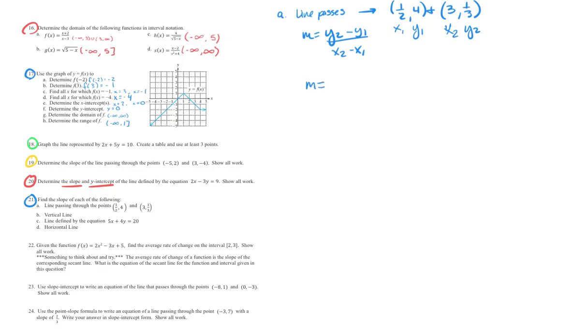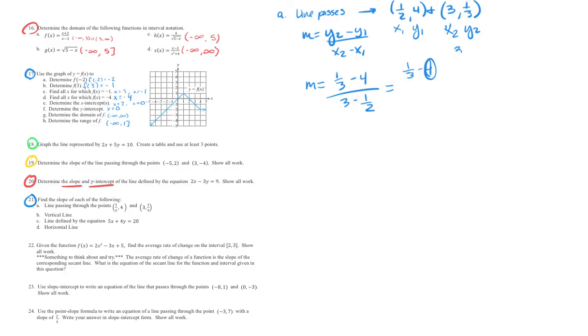We have your y2, which is 1/3, minus your y1, which is 4, over x2, which is 3, minus your x1, which is 1/2. So now we have 1/3 minus 4. These are fractions, and fractions look a little wonky when combined with whole numbers, so we're going to transform this whole number 4 into a fraction.